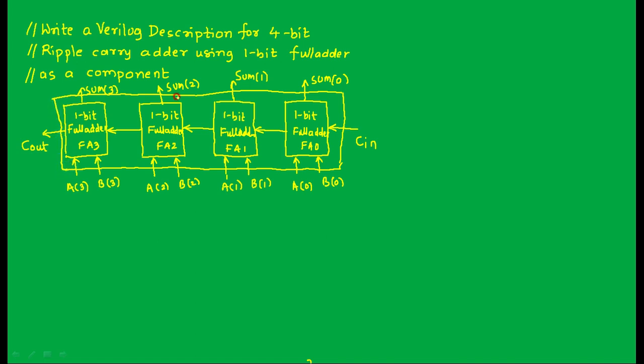This is a block. For this block, we can write a top level module for the 4-bit ripple carry adder as module ripple carry adder.